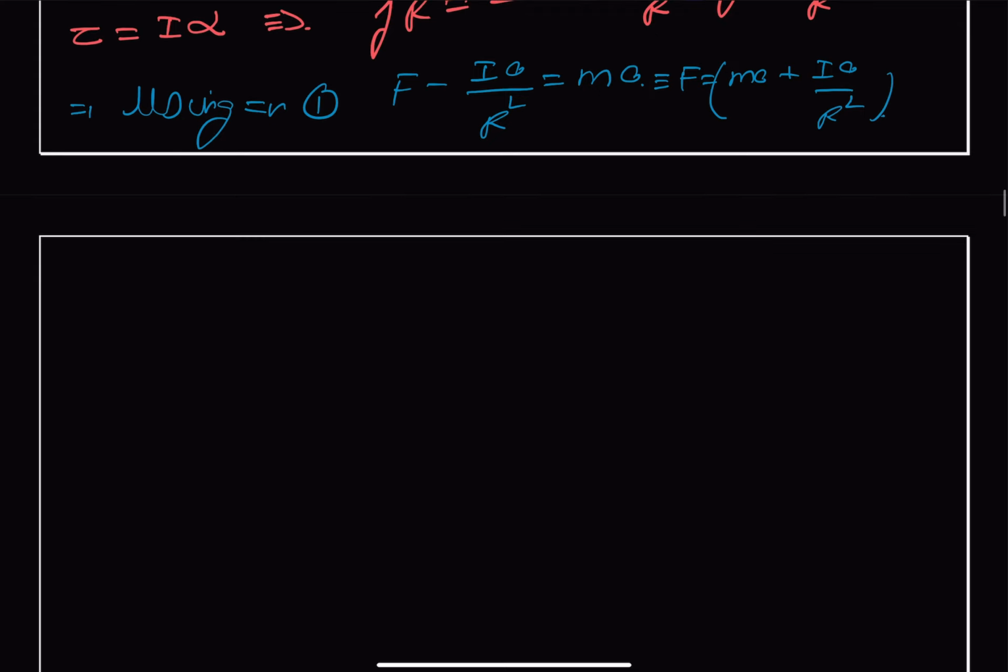From here we can take a as common, which gives us that a will be equal to F upon m plus I upon R square. So this is a general expression for our linear acceleration.